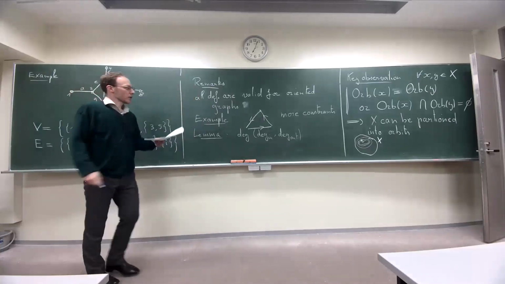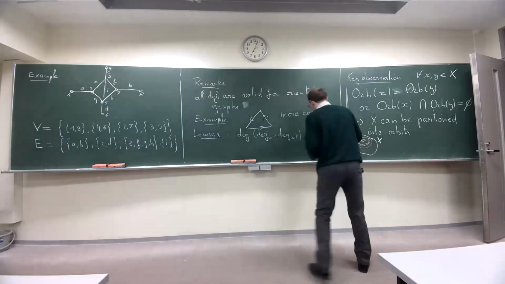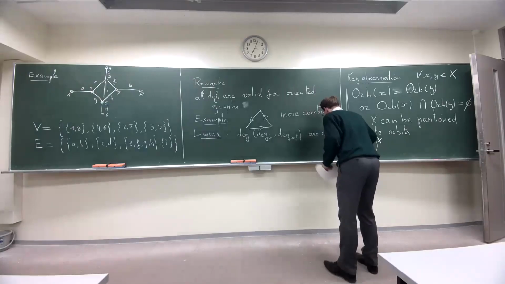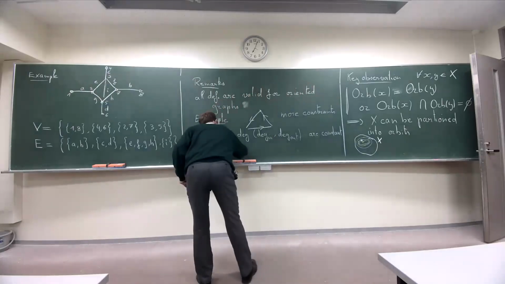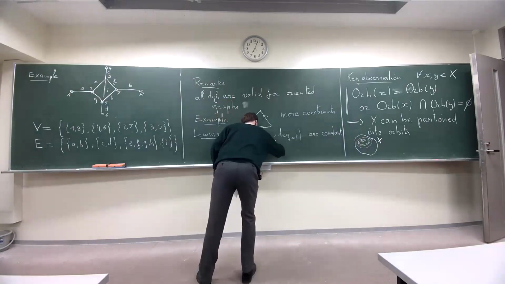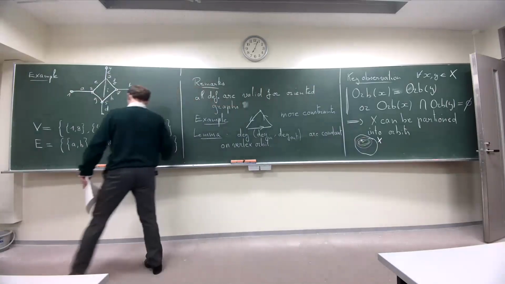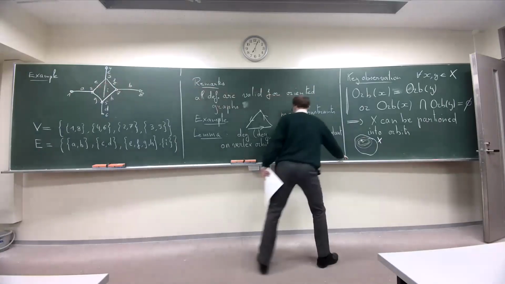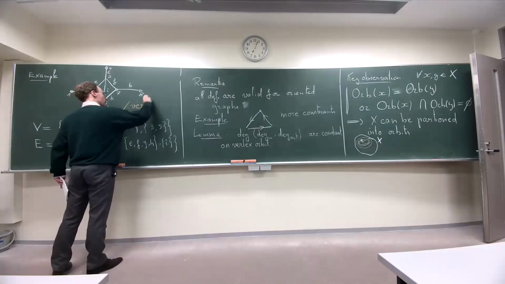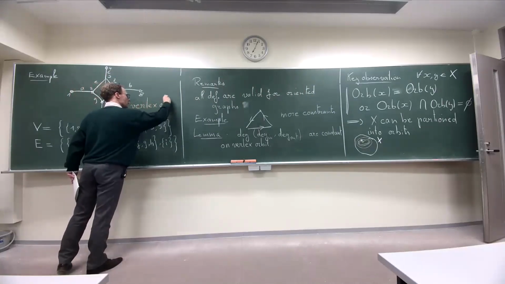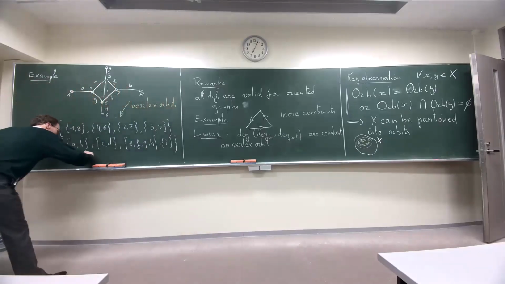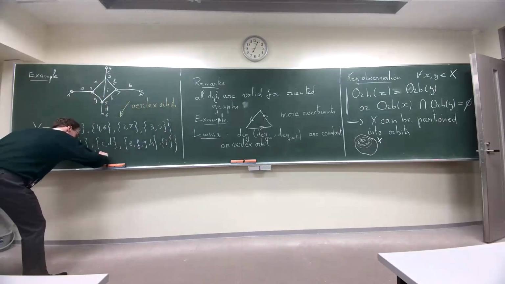So either the degree or both in-degree and out-degree are constant on vertex orbits. What is a vertex orbit? You can guess. You can look at this example. These are vertex orbits. We have 4 vertex orbits. And of course, these ones are edge orbits.